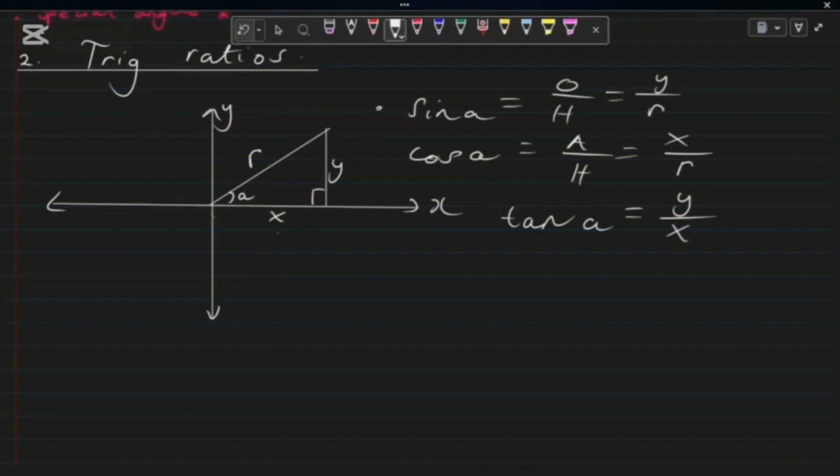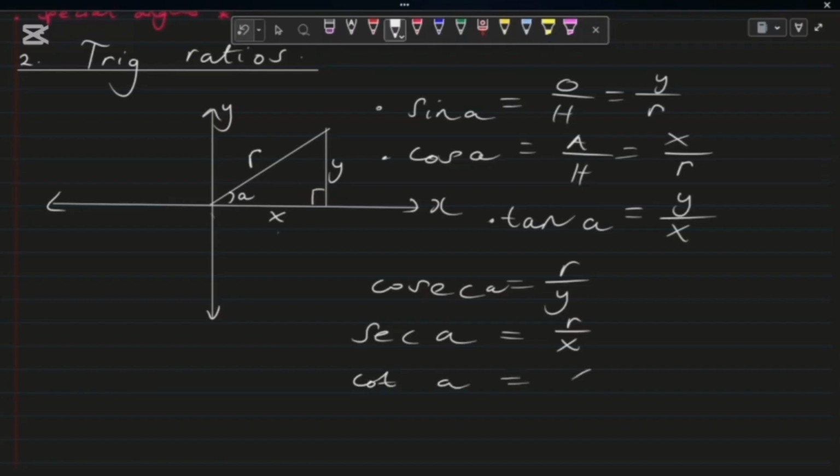So we see that sine is y over r, therefore cosec will be the inverse, or the opposite of what we have, so it will be r over y, and then sec of A will be the inverse as well, which will be r over x, and then cot of angle A will be x over y.